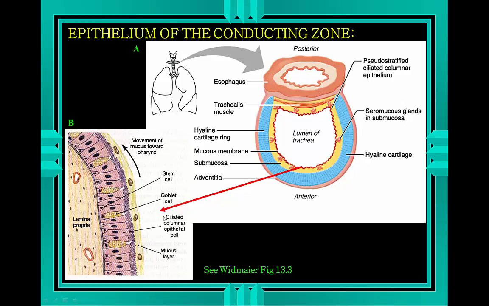The main cells are these pseudo-stratified, ciliated, columnar epithelial cells. Now what the heck does that mean? The pseudo-stratified, which is not labelled here, but is in the name, tells us that these cells might look like they have many layers, so that's the pseudo bit, but in fact they are a single layer of cells.